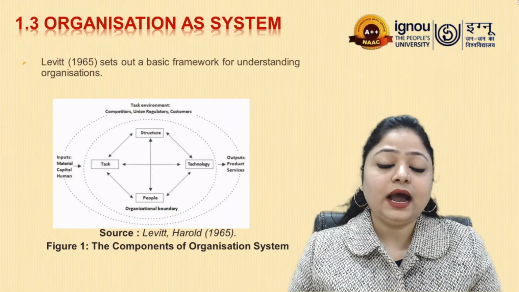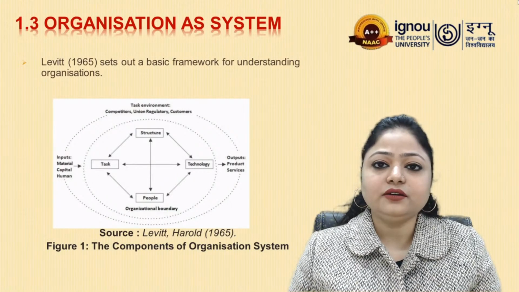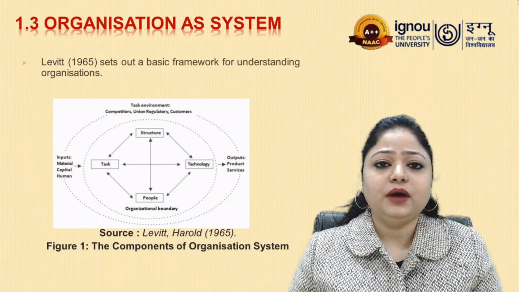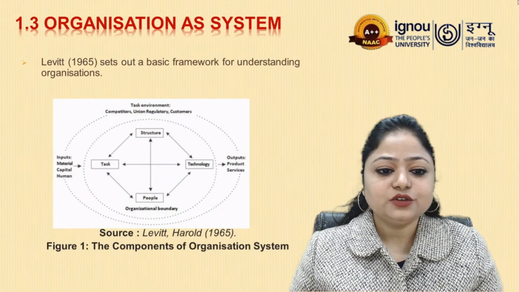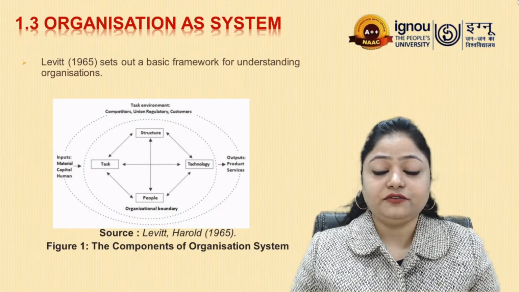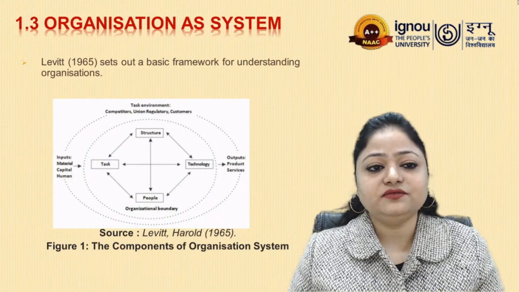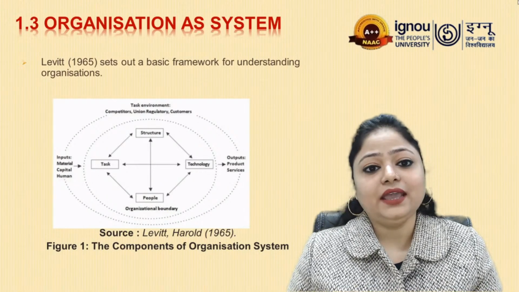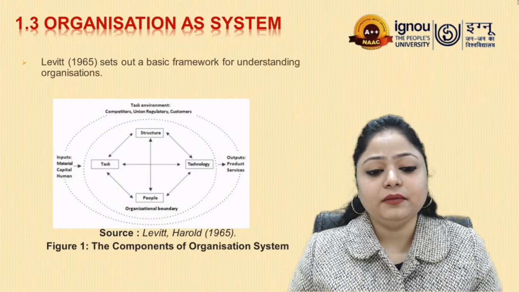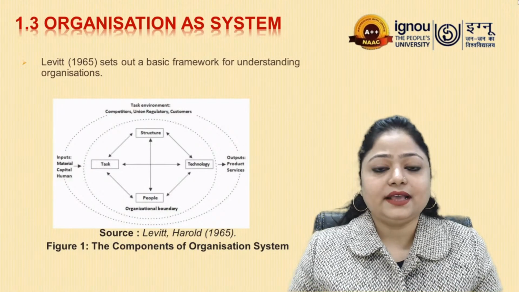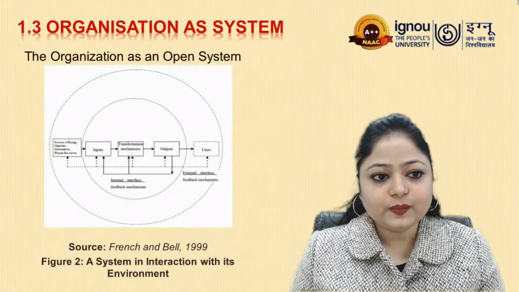And the output is the product or services offered by the organization. So this is the basic structure or framework on which a system works, or which describes the entire system to be referred to as an organization.